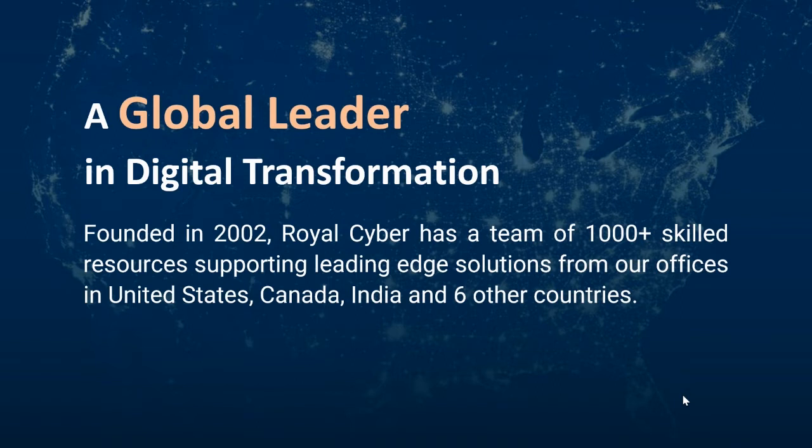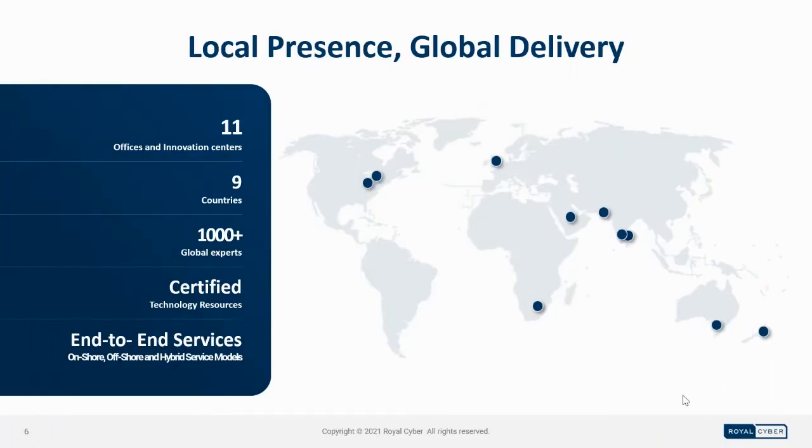So all in all, it's a 1,000 plus people company. Resources are dispersed around the globe. We have around 11 offices in 9 different countries, which includes US, Canada, KSA region, Australia and New Zealand, UK, and India and Pakistan.